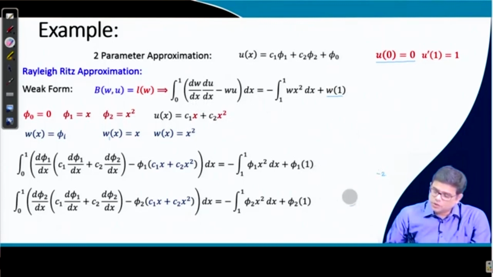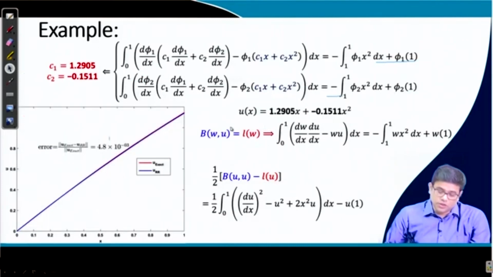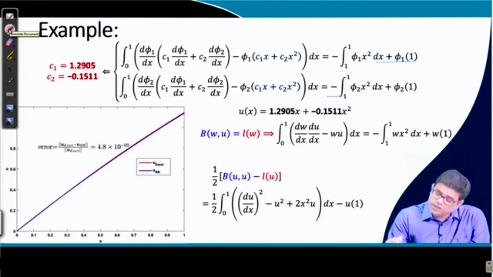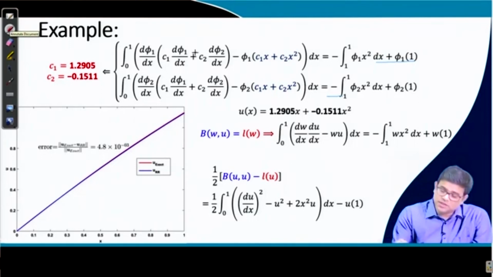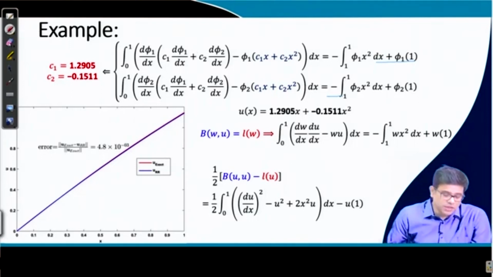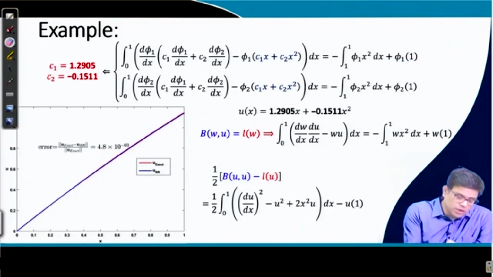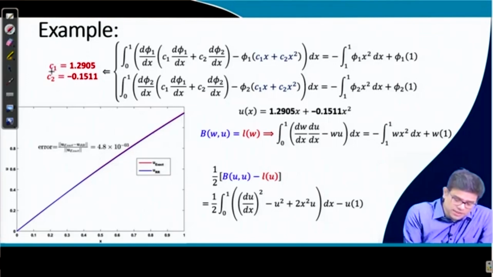So let us go to the solution. Here I solve these two linear equations, and I get C1 and C2.